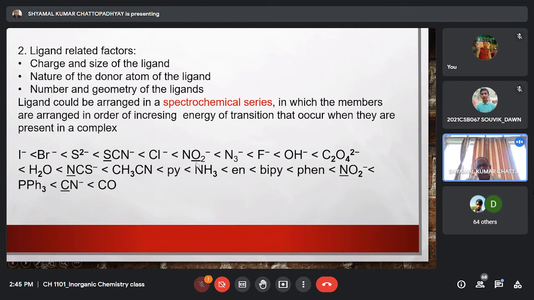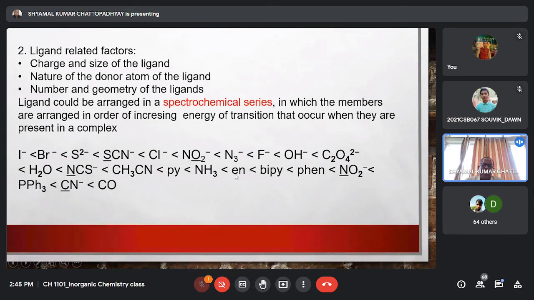Similarly, you look at nitrite. Now you have the O-bonded nitrite ion and the N-bonded nitrite ion. Sometimes the N-bonded one is called nitro and the O-bonded one is called nitrito, right?